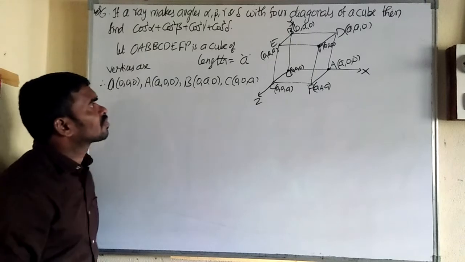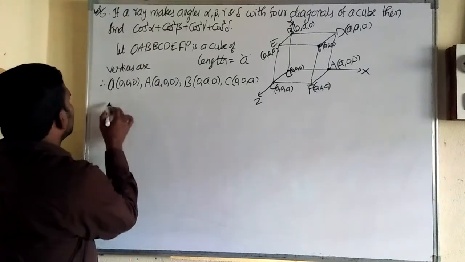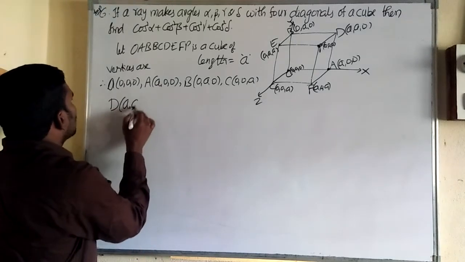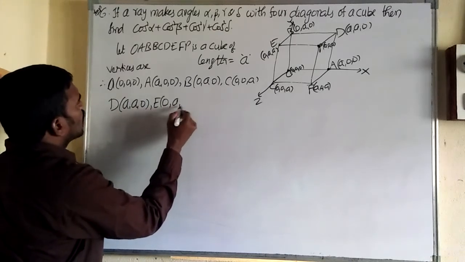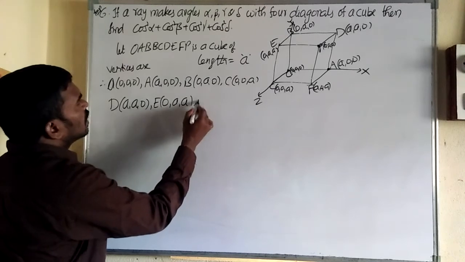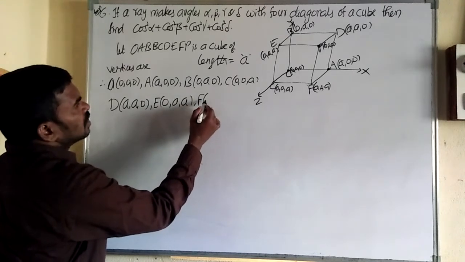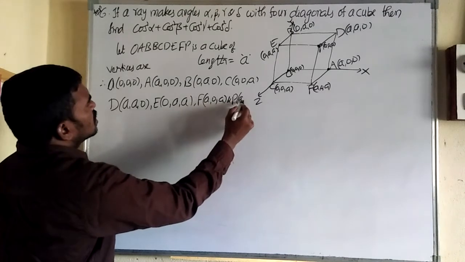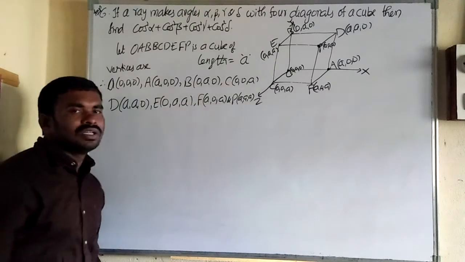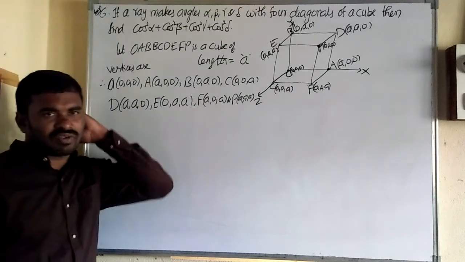Next, what are the other points? D is a comma a comma 0, and E is 0 comma a comma a, and F is a comma 0 comma a, and finally P is a comma a comma a. Okay, complete all vertices we have written.